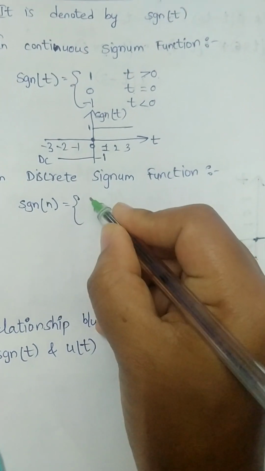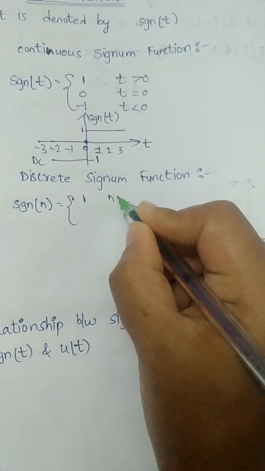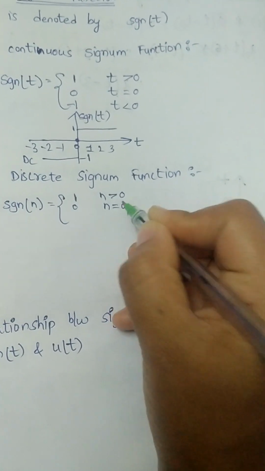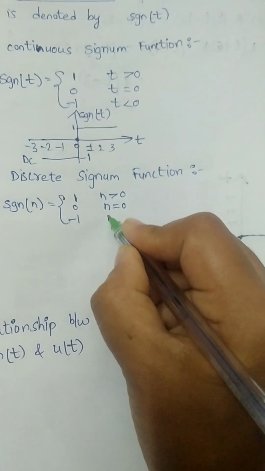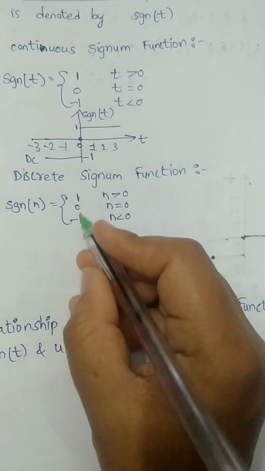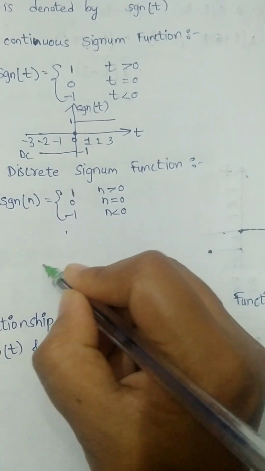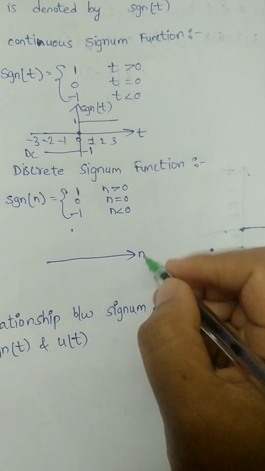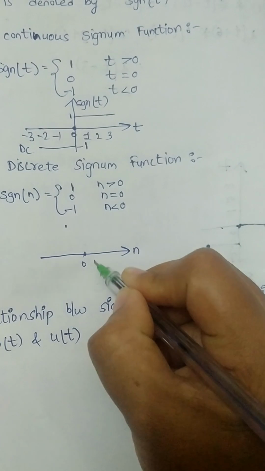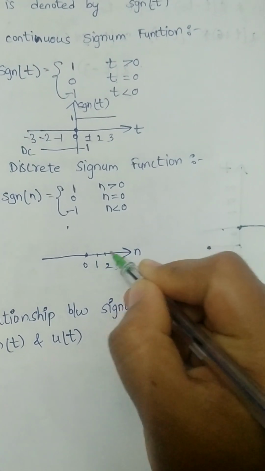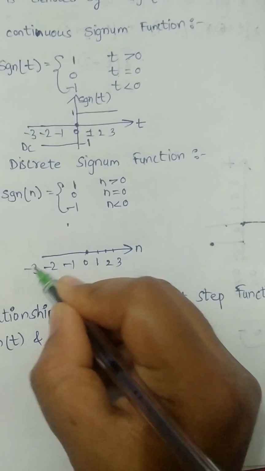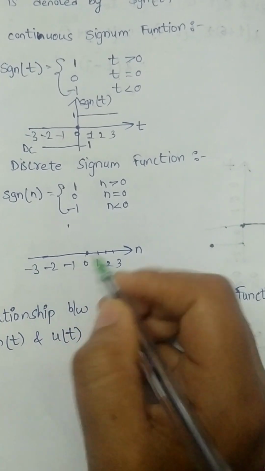Here, 1 at n greater than 0, 0 at n equal to 0, minus 1 at n less than 0. The graphical representation is at n equal to 0, 1, 2, 3 and so on, the positive terminal, and minus 1, minus 2, minus 3 and so on, the negative terminal.